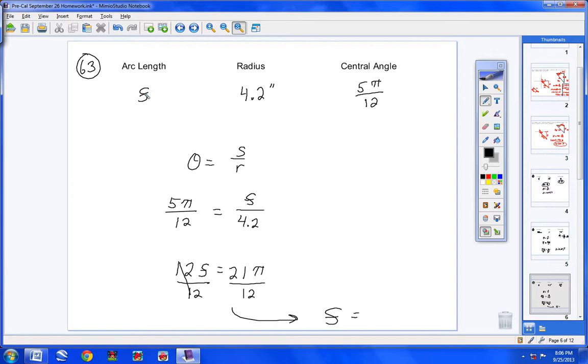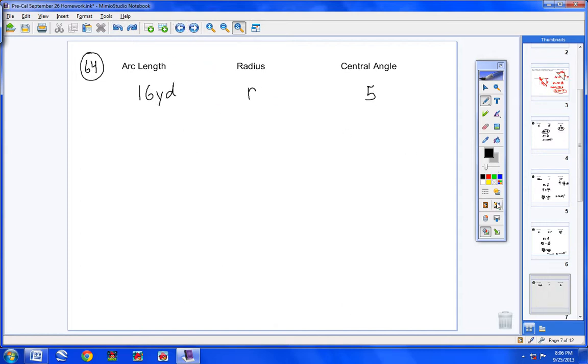And I'm getting out for that answer 5.497787144. So I'm going to round to 2 decimal places, 5.50 inches. 5.50 inches, because my original length up here in radius was inches. All right, let's go ahead and move on and give number 64 a shot.